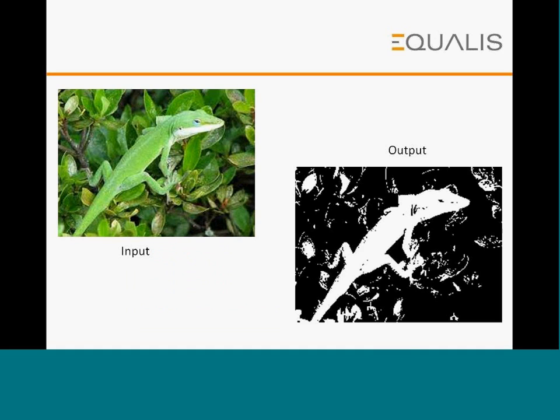Another example, say we start with an input image of this chameleon, and say you want to study objects and want to separate them from the background. A camouflage application is used in defense. Say there are soldiers who want to hide behind trees and so on.